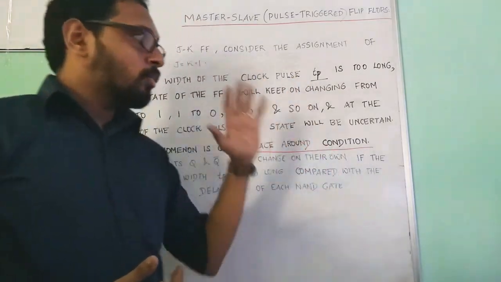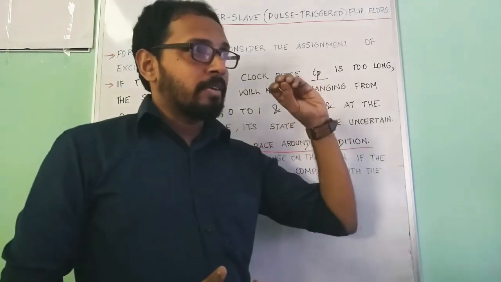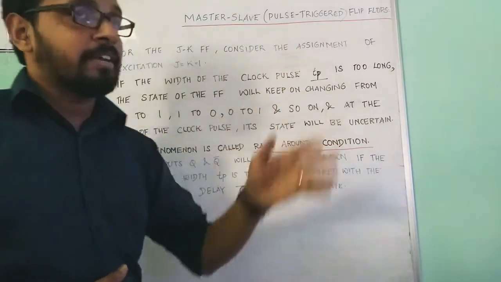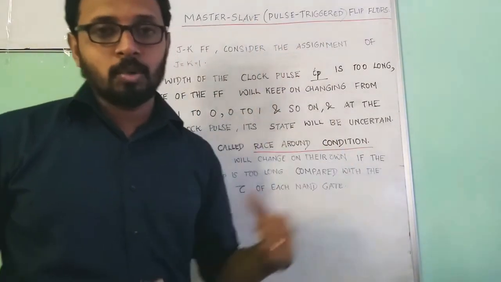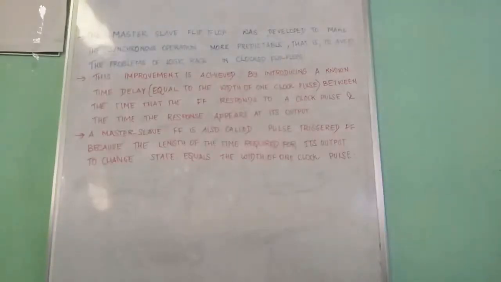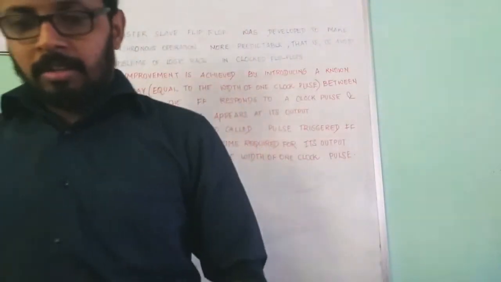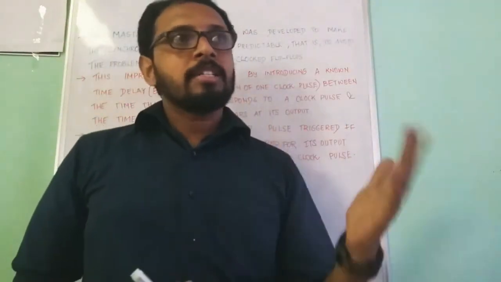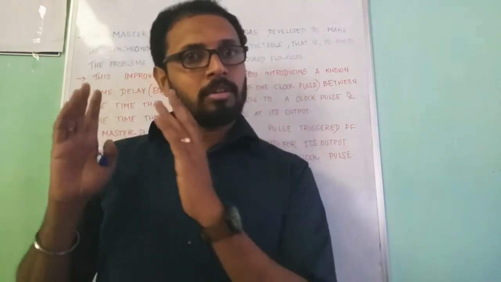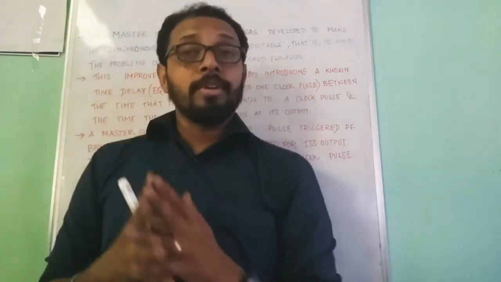In order to tackle the problem caused by the race around condition, we go for the master slave or the pulse triggered flip flop. Thus, the reason for introducing master slave was to avoid the race condition.